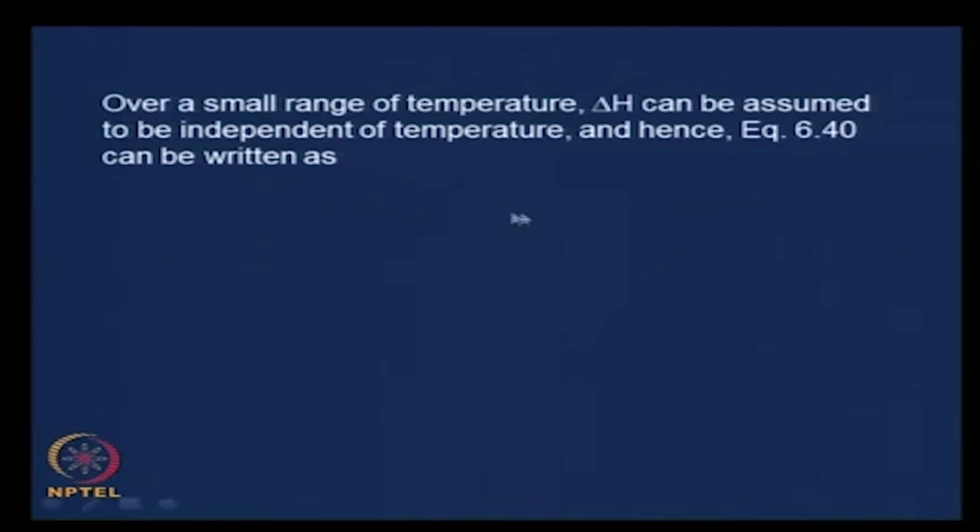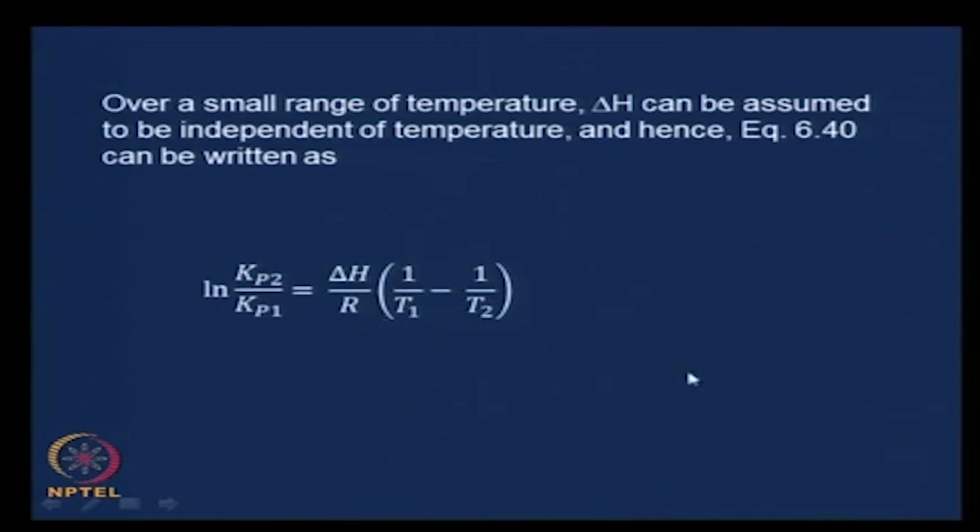Then equation 640 can be integrated, trying to find a value of Kp2 given a value of Kp1. So, ln Kp2 by Kp1 equals delta H by R times 1 by T1 minus 1 by T2. This is equation 642, which comes from the integration of equation 640.